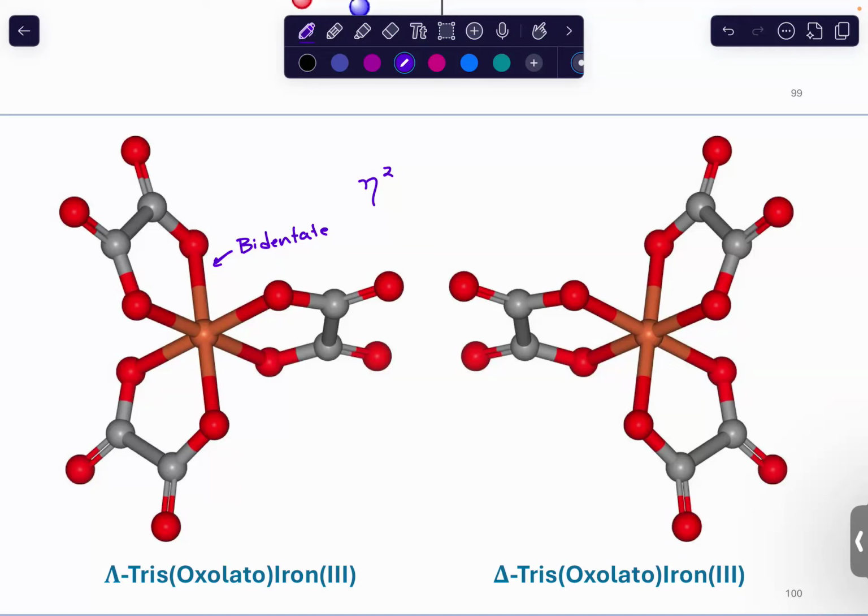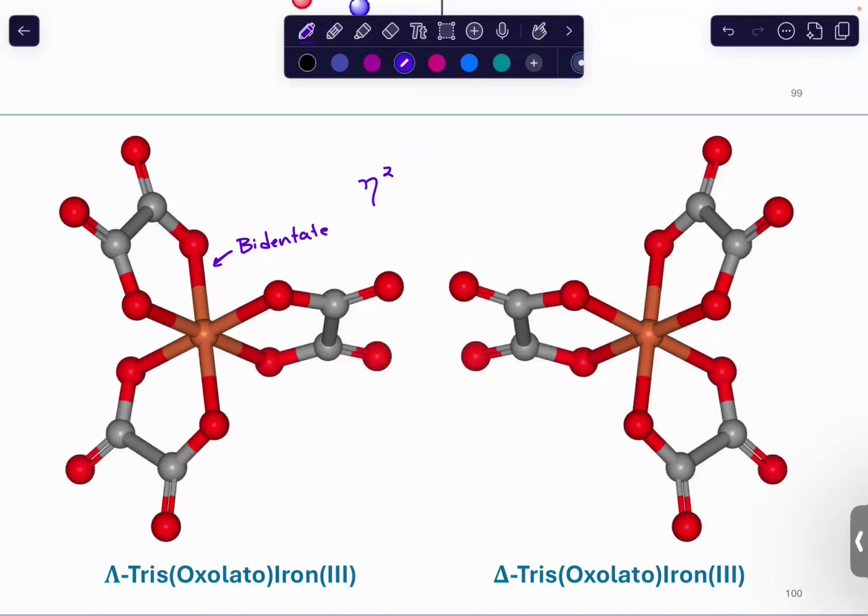So you notice how the oxygen goes to carbon, carbon to oxygen. That's contiguous. And so you have 2 bonds to the metal atom in the center. That's a hapticity of 2. You can look up all of these different things, but I wanted you to see how deep some of the naming can go.